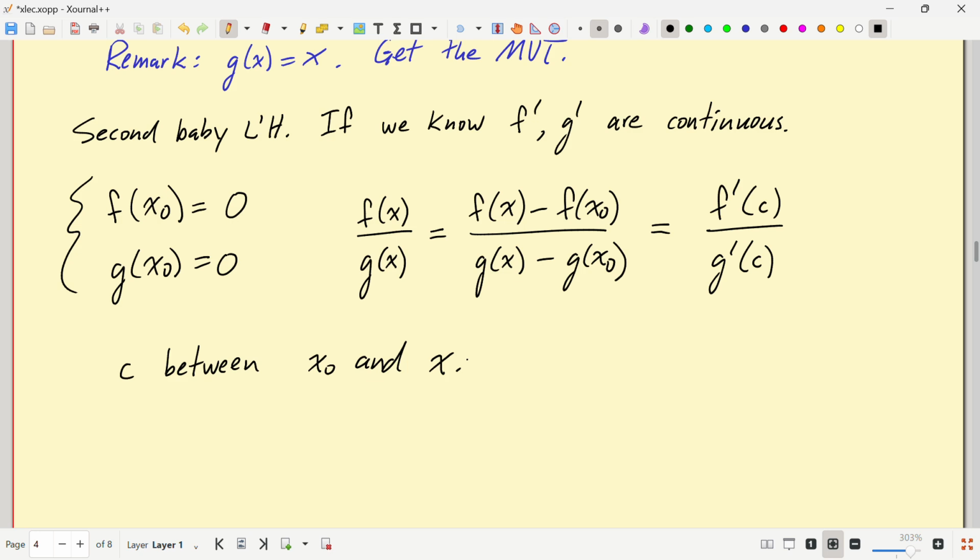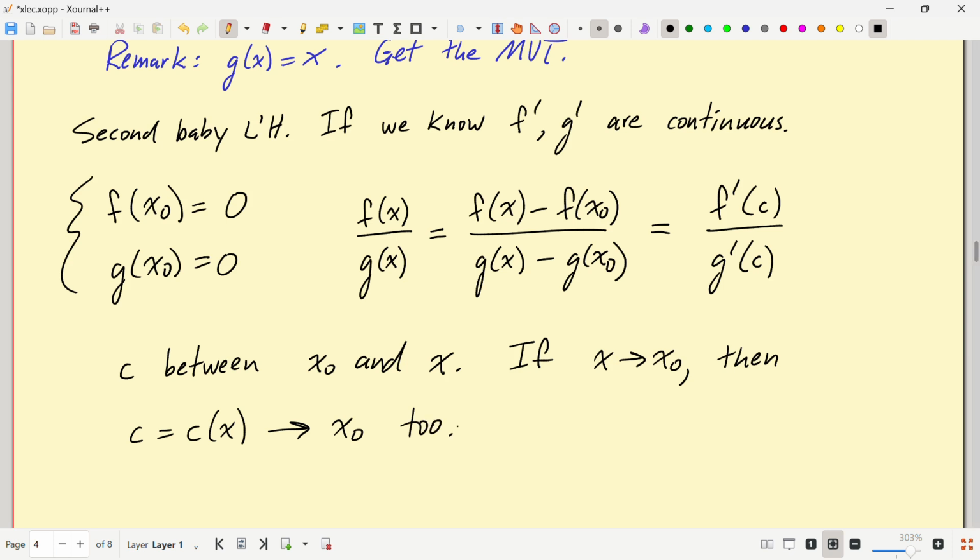So now if I let x go to x naught, then c is going to be stuck between there. That c is going to depend on x, so c tends to x naught too.